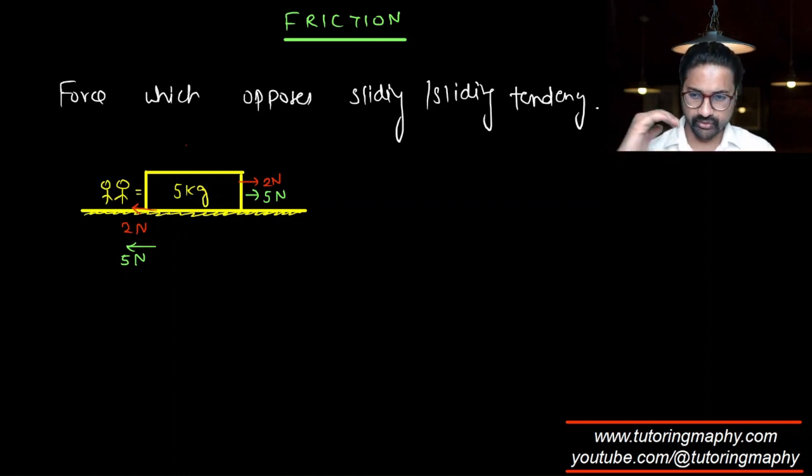But before dad came in, let's say mom came in, and mom and both children tried to push this block, and they were able to exert a maximum force of 12 Newton here, but the block is still not moving.